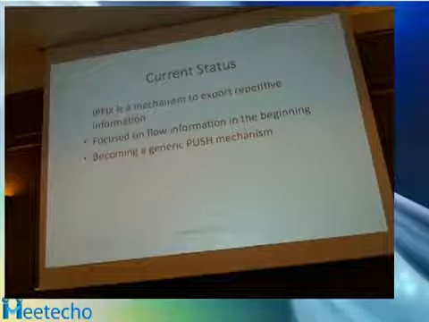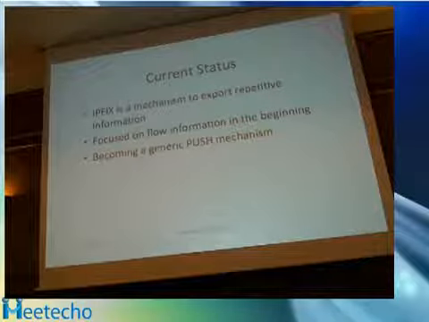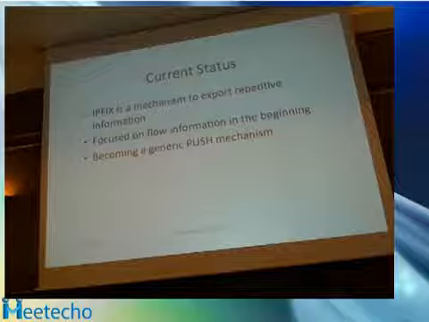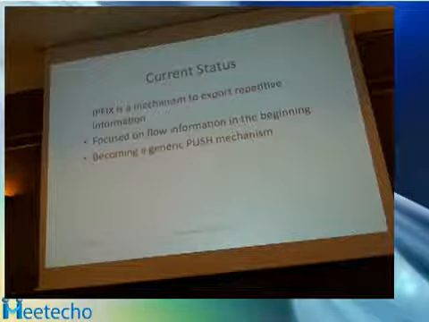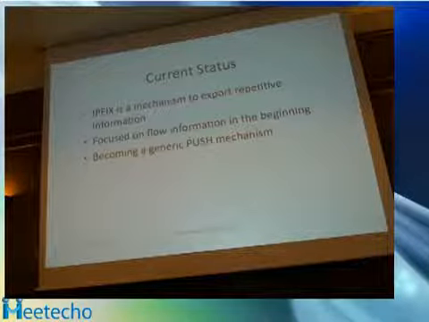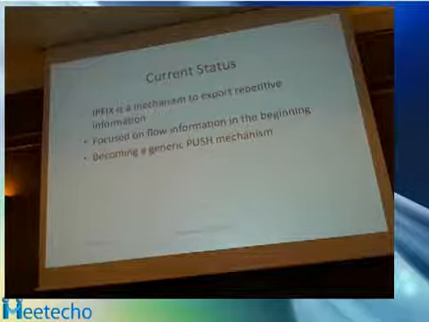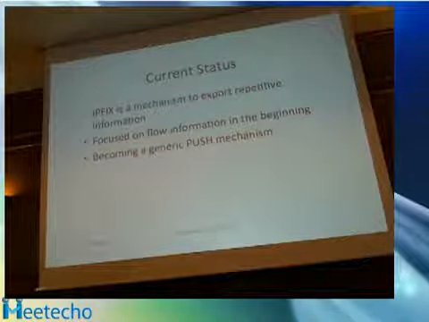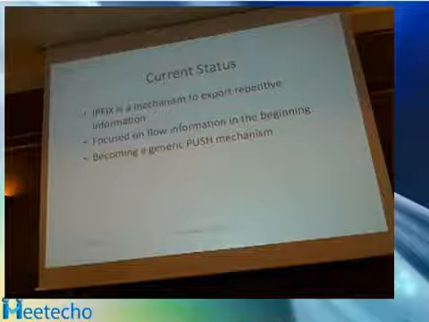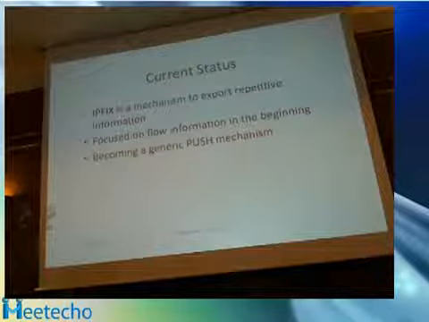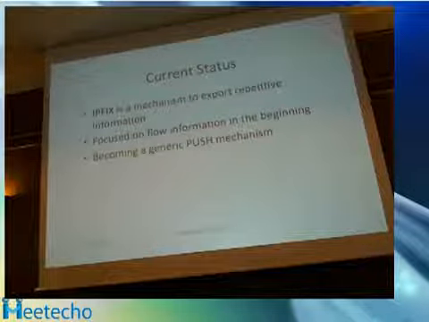So the current status. Ipfix is a mechanism to export repetitive information. Okay? This was initially focusing on flow information. And you've seen that from a couple of information elements that we're able to export.